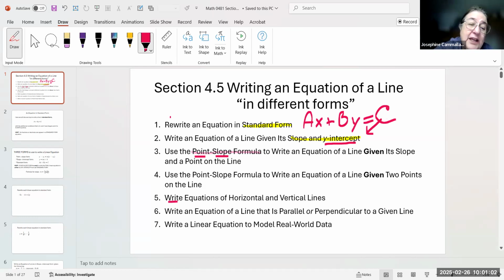And then we're going to write equations of horizontal and vertical lines, and hopefully you're pretty familiar with those. And then we're going to look at the equations that are parallel and perpendicular again. Remember, parallel means same slope. Perpendicular means the signs change and we're flipping the fractions, or negative reciprocal slopes.